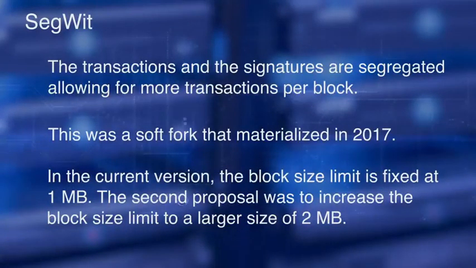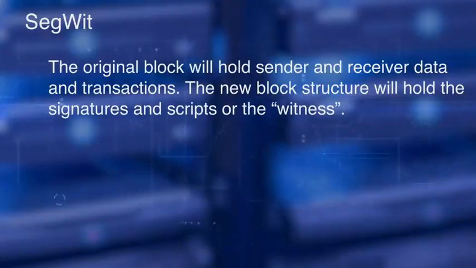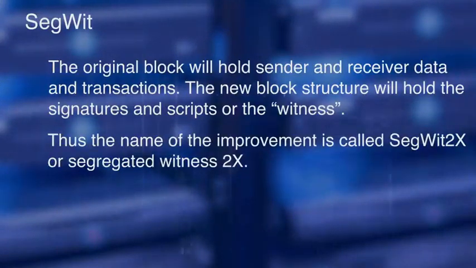The second proposal for scalability was to increase the block size limit to a larger size of 2 megabytes. In this case, the original block will hold the sender and receiver data and transactions. The new block structure will hold the signatures and script, or the witness. Thus, the name of the improvement is called SegWit 2x, or Segregated Witness 2x.